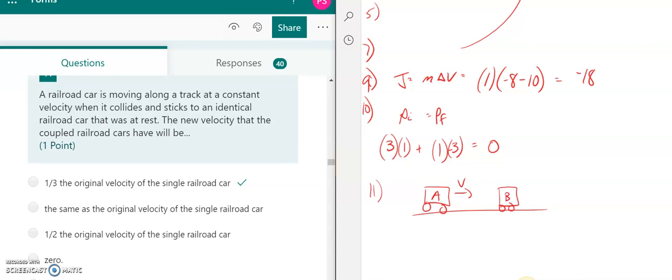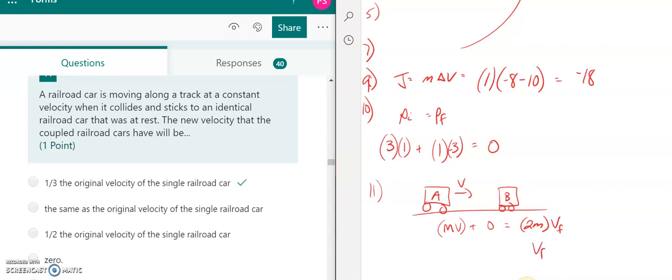They're going to stick together and move. So your initial momentum would have been mass of A times velocity of A plus 0 for the momentum of B. And that has to equal the mass of A and B together, which would be 2m, times some new velocity, we'll just call it Vf.